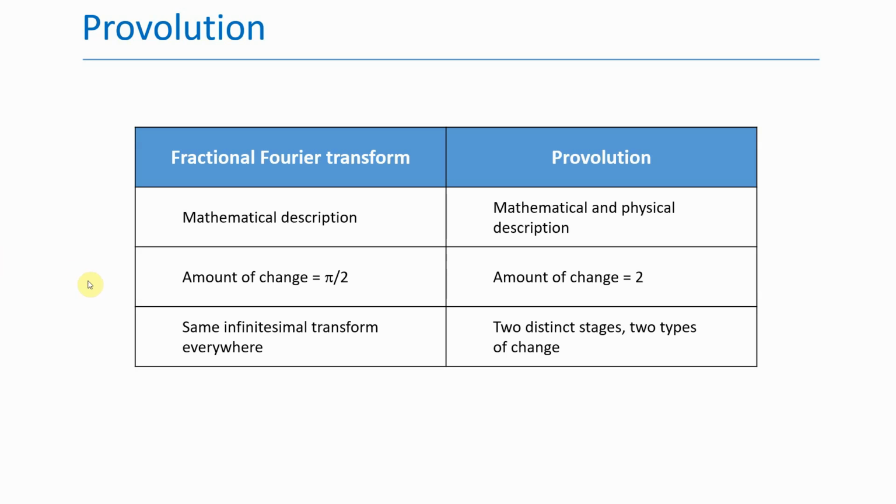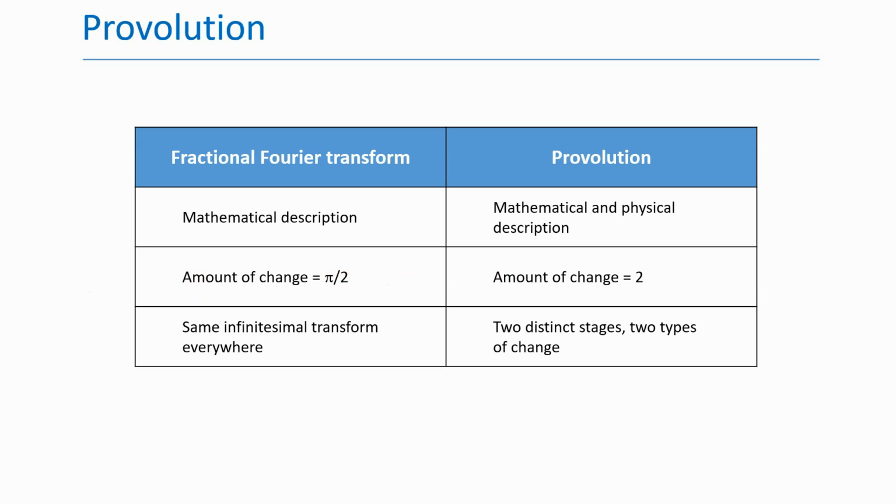Next, the total amount of change for the transform is pi over 2, while the amount for provolution is 2. These differ by a correction factor of 4 over pi, which is about 1.27. Actually, this correction factor appears in many places throughout symmetry optics.